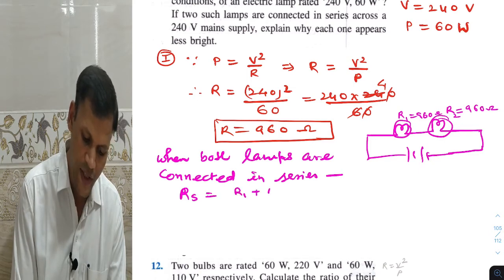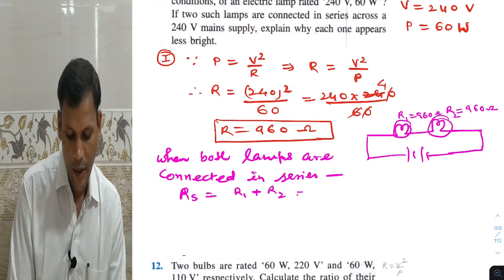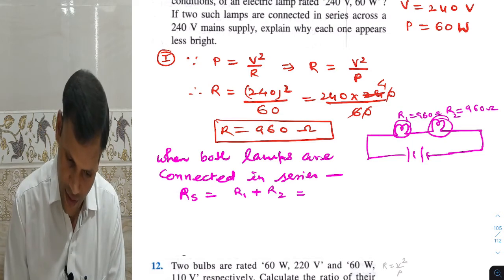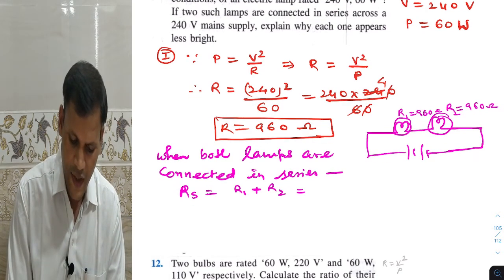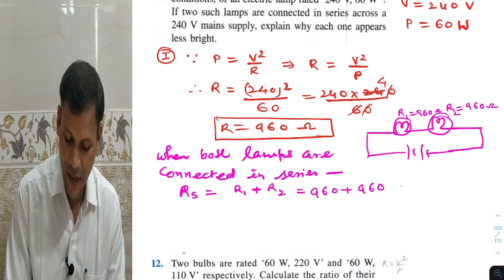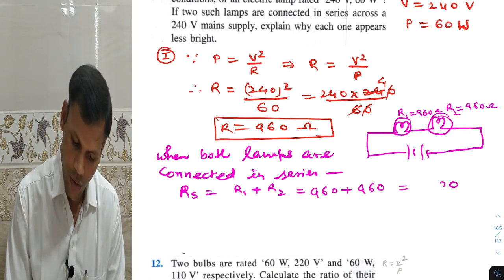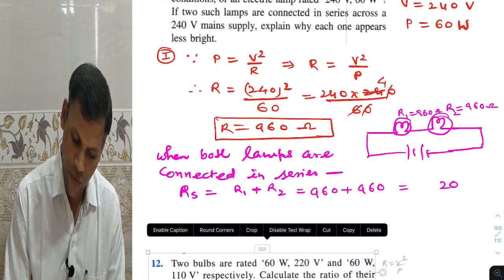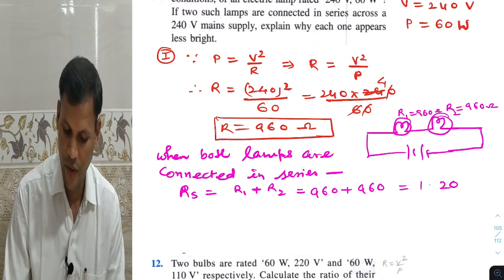So the resistance is increasing. They are in series, right? Yes. So 960 plus 960, that will be 0, 2 and 9 to 18, 1920 ohm.